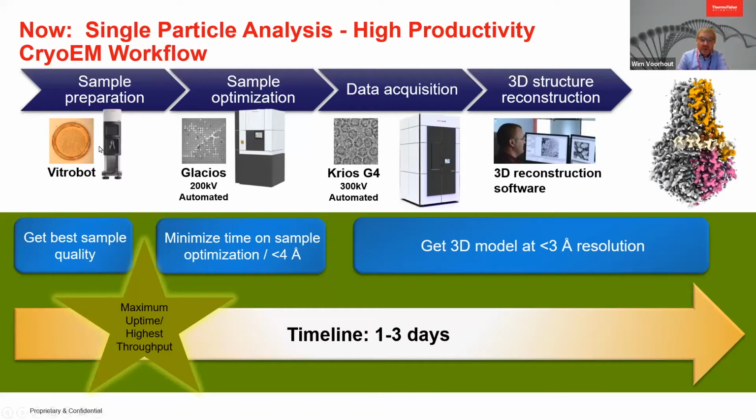So we have a vitrification robot where you make a very thin film of the isolated proteins, in the order of 50 to 100 nanometers, depending a little bit also on the dimensions of the complexes you want to look at.